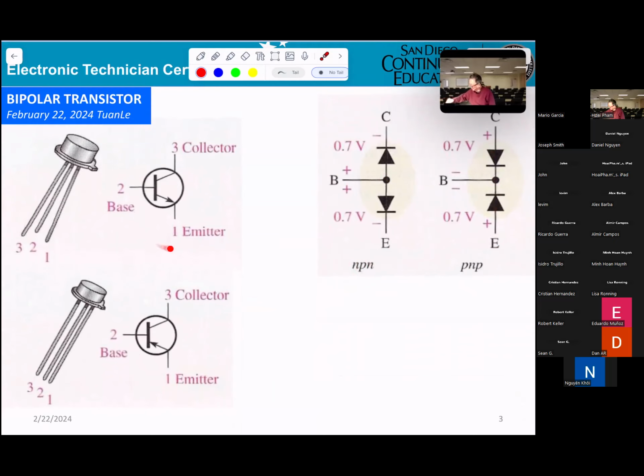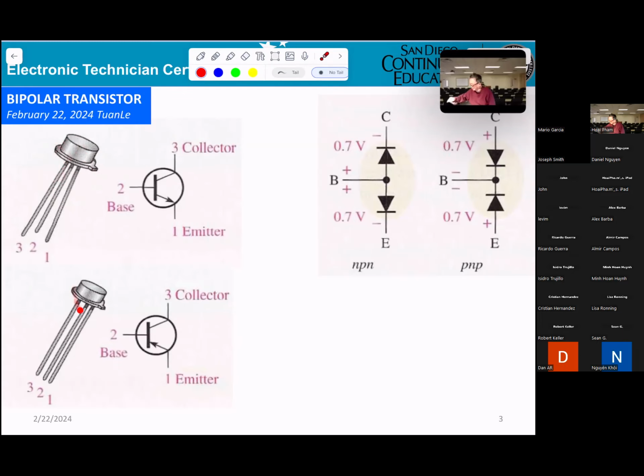And this is the symbol for NPN, and this is the symbol for PNP. So basically, a transistor combines two diodes.